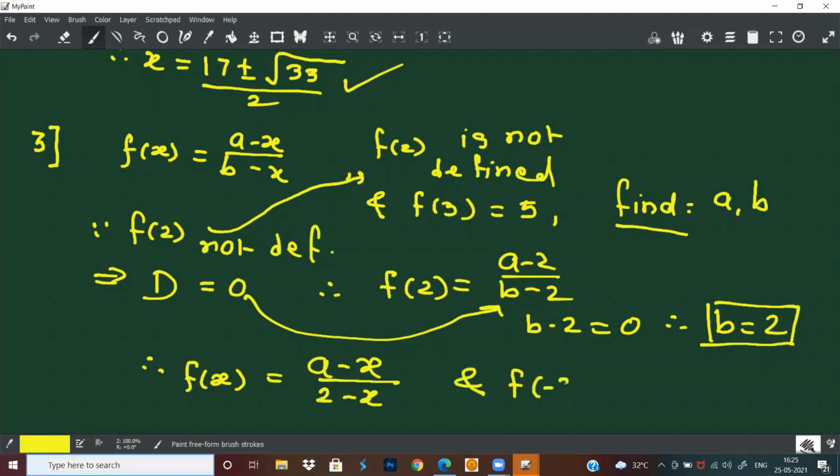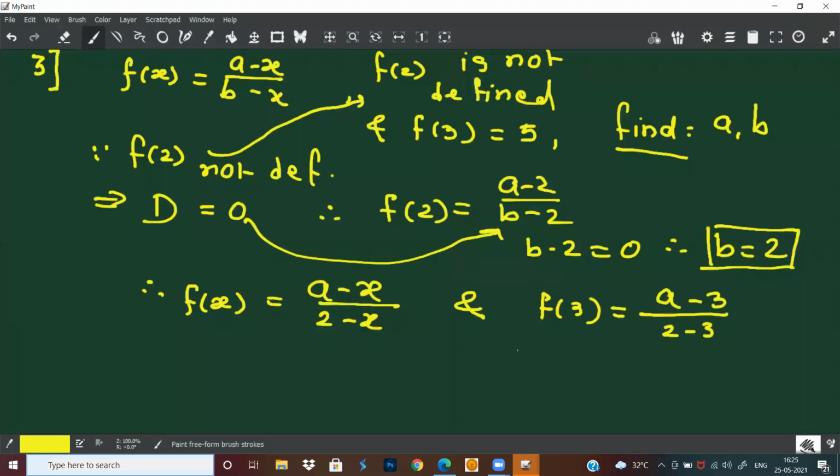And f of 3 बोला ना, f of 3 is 5. अभी f of 3 मुझे कोई देता है तो x के जगह 3. तो f of 3 दिया हुआ है 5. a is -2.